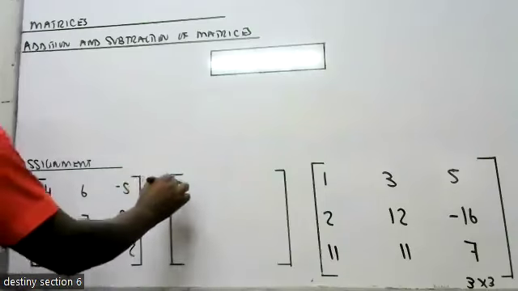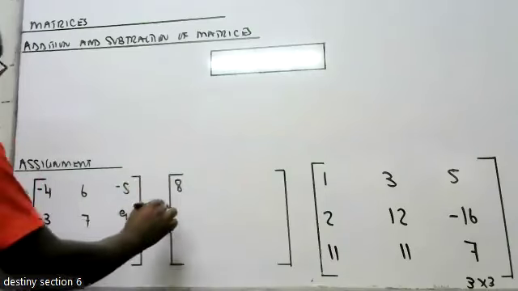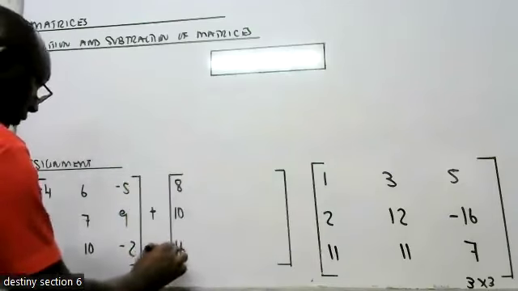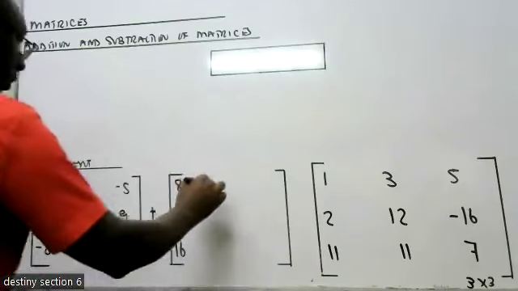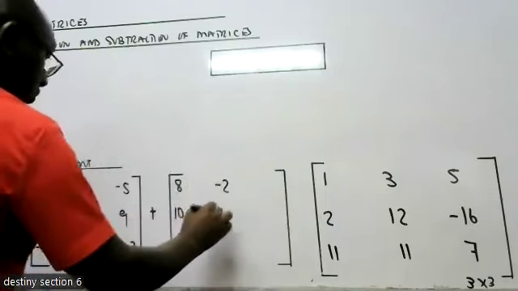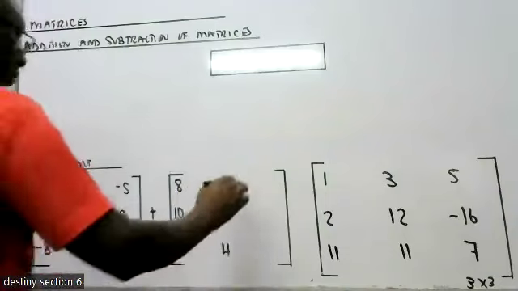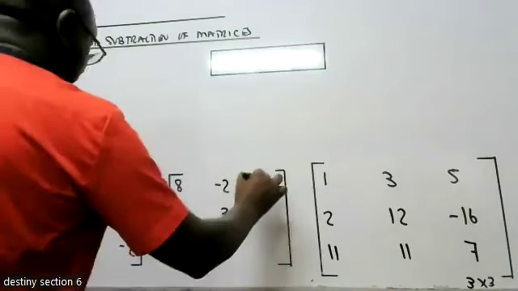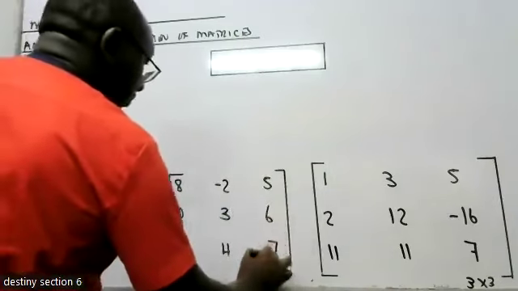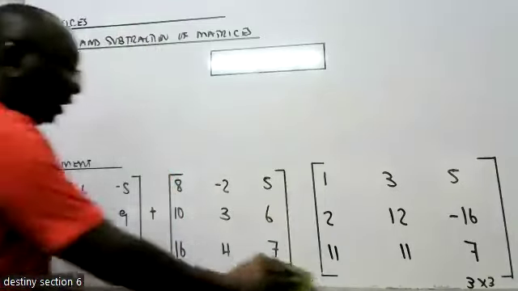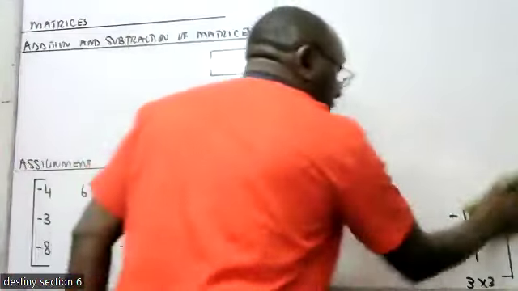You add 8, 10, 16, minus 2, 3, 4, 5, 6, 7. I would like you to add that later on your own.